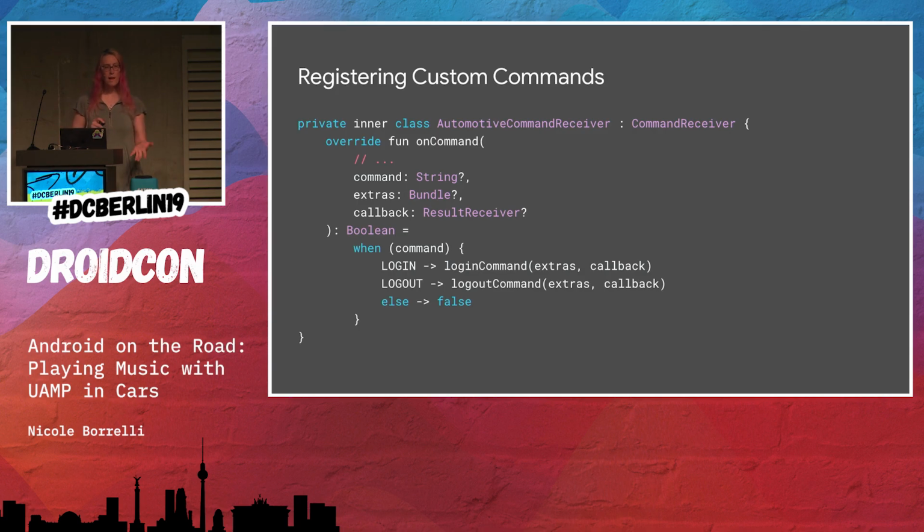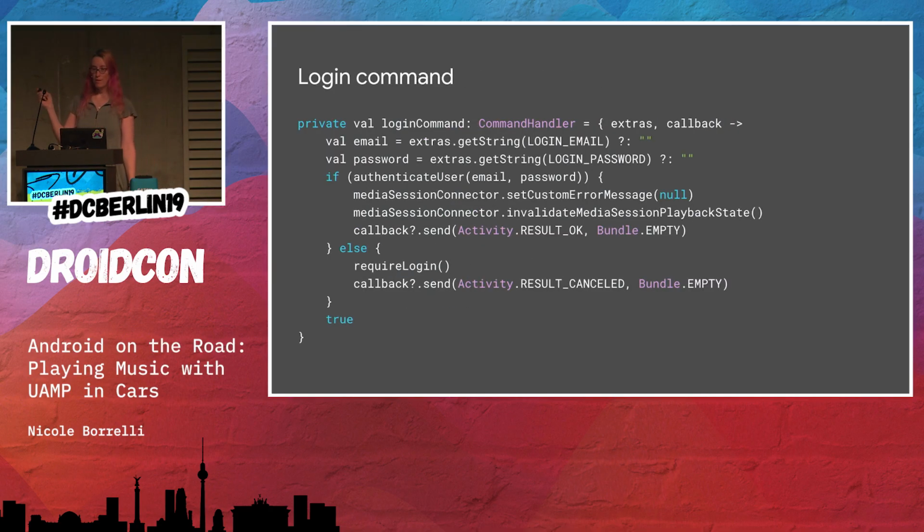The login and logout commands are pretty similar. The login has more of the logic there because for logout, you just have to log the user out and then set the error state again. So the login command looks something like this. We fetch the user's login and password out of the extras.